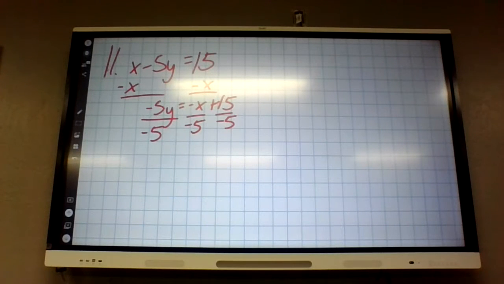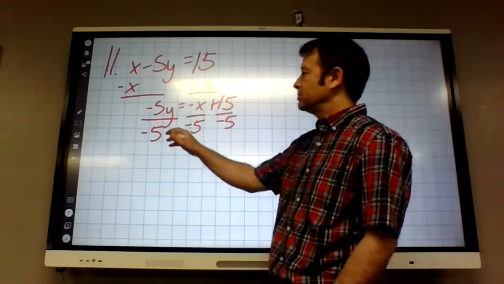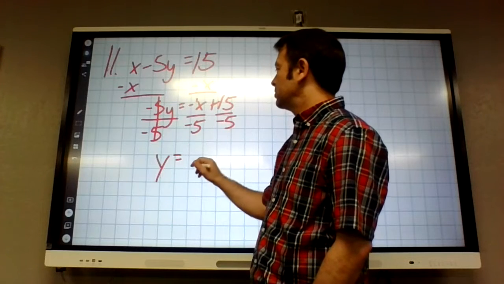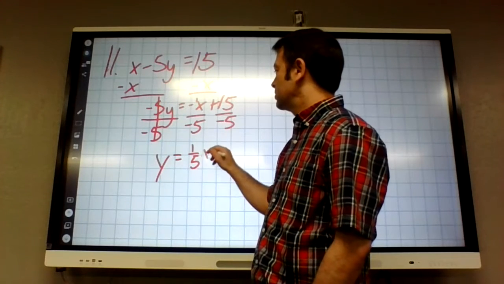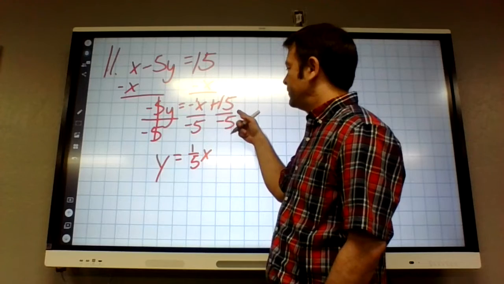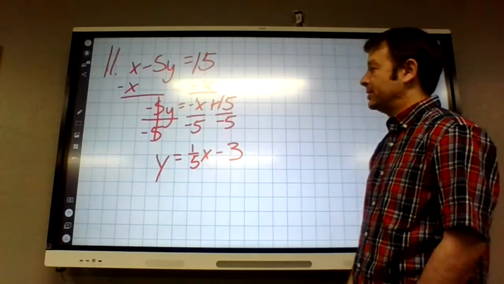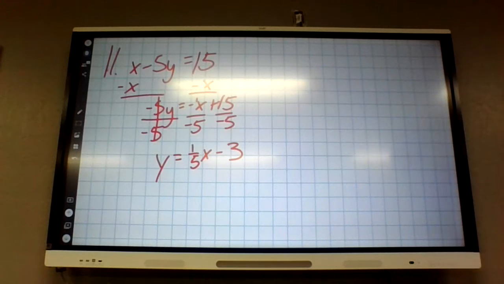Gotta get y by itself, so divide by -5. Y equals 1/5 x, and 15 divided by -5 is -3. But I wouldn't put plus negative, I would just put -3.